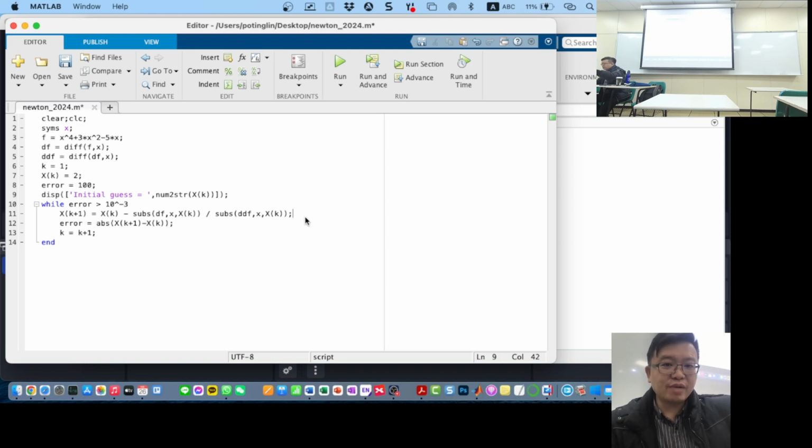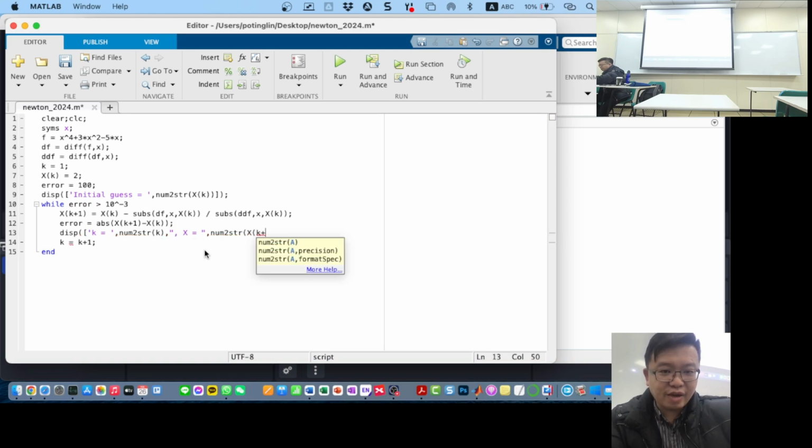And then every time I evaluate, I will display k equals number to string k, then I will comma and say x equals number to string of x of k plus 1.